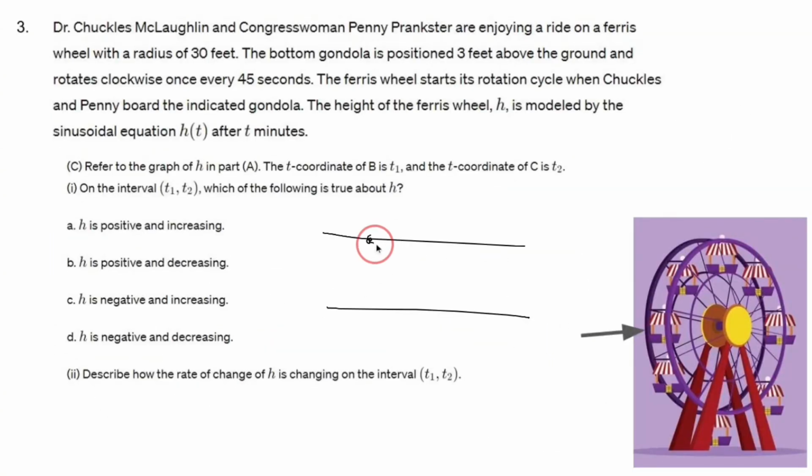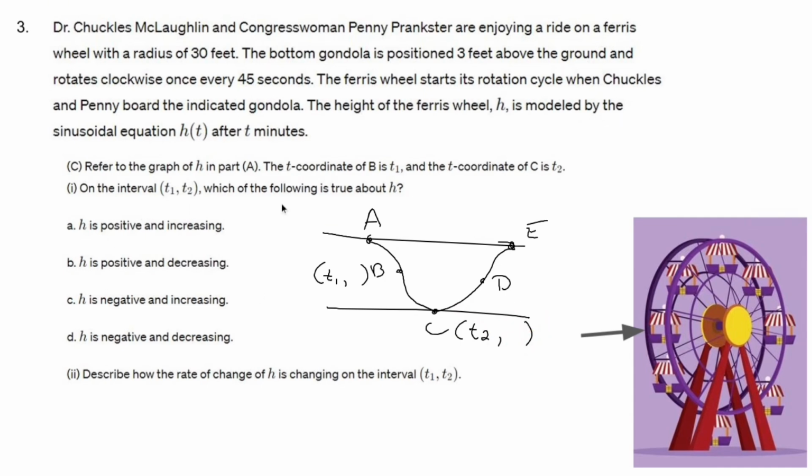Had A up here and then repeating at E. So you had A, B, C, D, and E. Drawn perfectly. It's telling me that the T coordinate for B is T sub 1, and that C's X value is T sub 2. We actually know what they are, but that's what it's telling me.